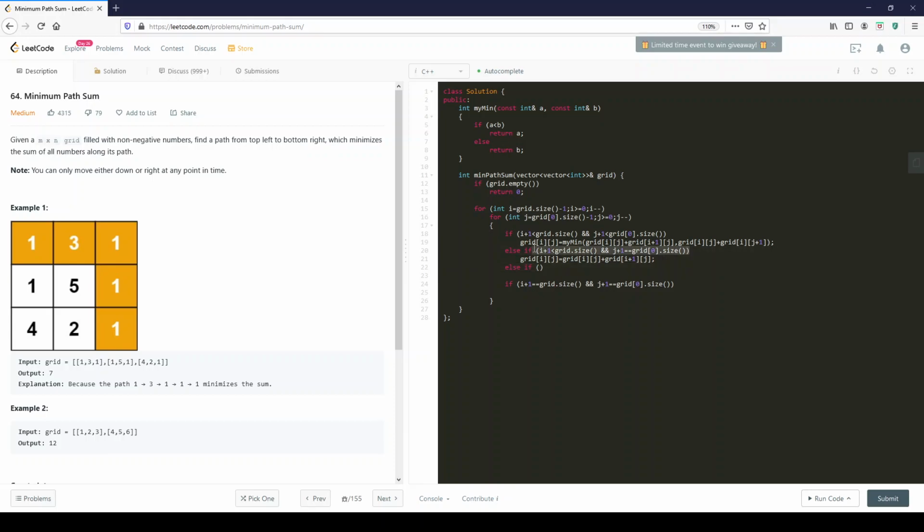okay, so here we want the contrary, so if i plus 1 equals grid.size and j plus 1 smaller, then we take grid[i][j] equals, actually we could just do plus equals, so we want that j plus 1 there.